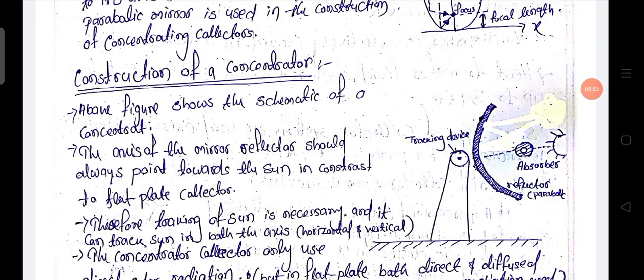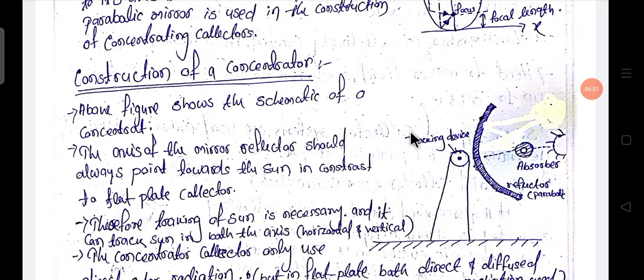But in the parabolic concentrator, the axis of the parabolic concentrator should always face towards the sun. Here you see, this is the axis of the parabolic concentrator. So this parabolic concentrator is always in line with the sun axis, so that it can absorb high temperature efficiently.